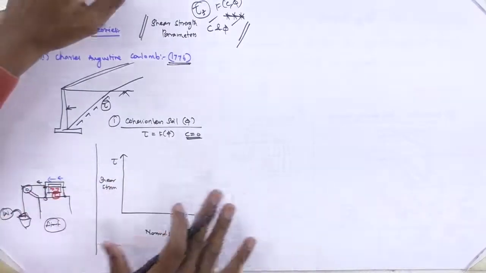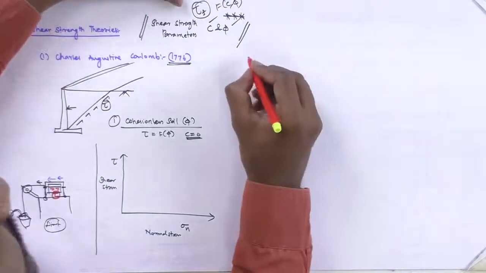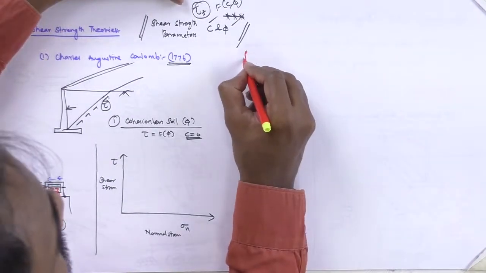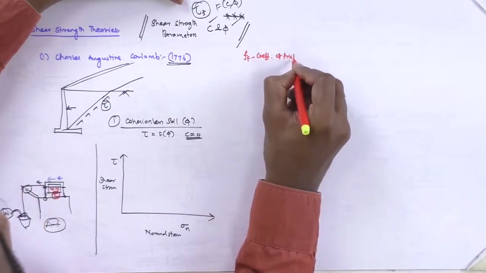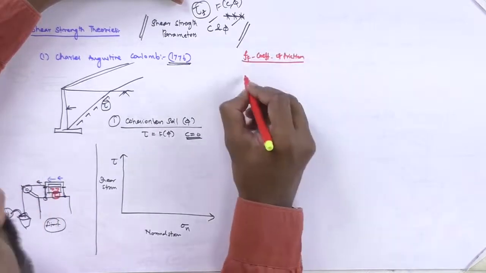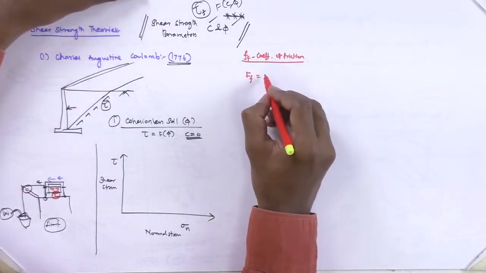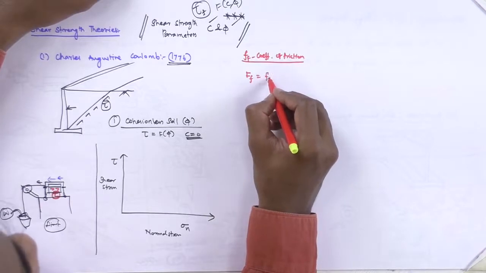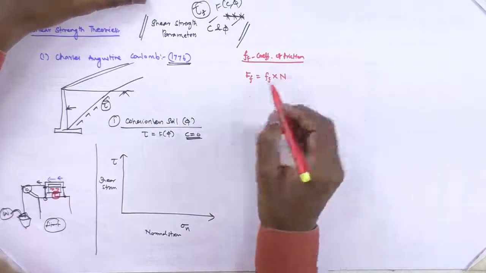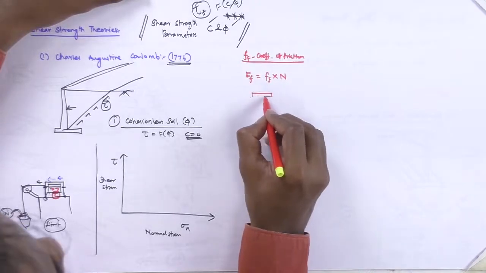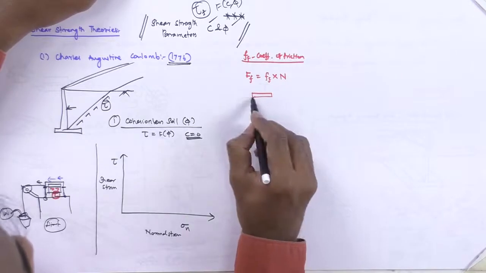By the way, let me explain with the help of friction. So, coefficient of friction. The frictional force developed in any direction is the friction coefficient multiplied by the normal force applied. Let us consider two different materials.